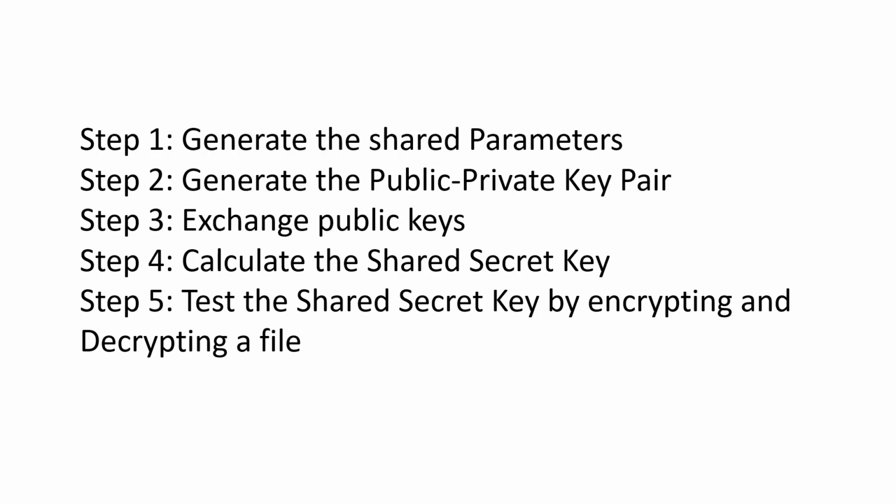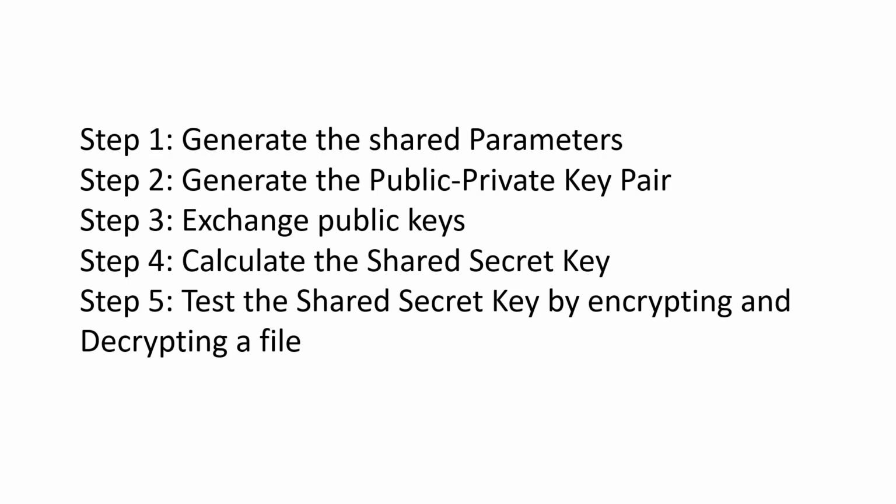Once they've done that exchange, Alice will calculate a shared secret key, and Bob will calculate a shared secret key using Alice's public key.